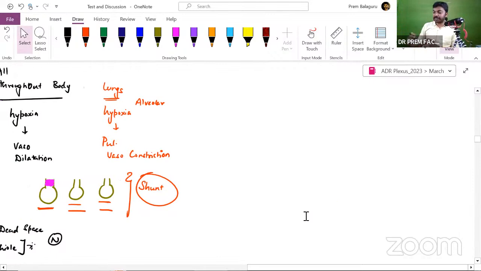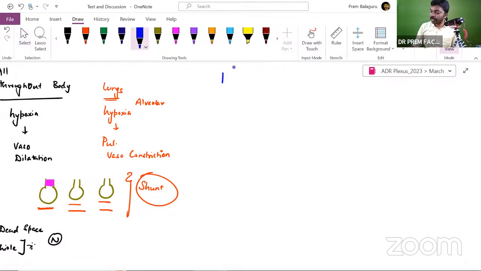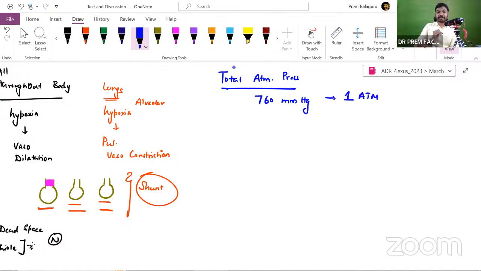We'll see what happens. Total atmospheric pressure is going to be 760 millimeters of mercury. We refer to this as 1 ATM, standing for 1 atmospheric pressure. This total atmospheric pressure is contributed by multiple gases: oxygen, nitrogen, inert gases, everything.